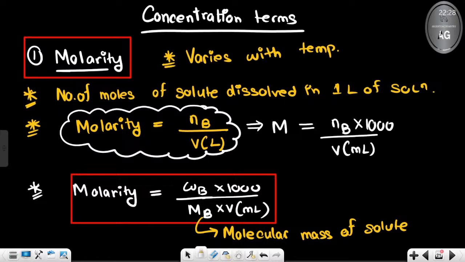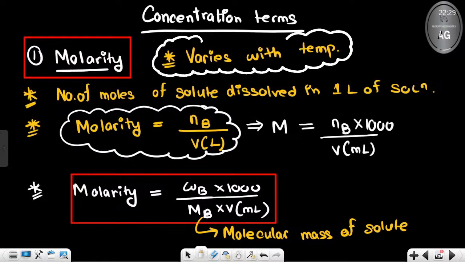Concentration terms. Number one, molarity. Molarity varies with temperature, because molarity depends on volume, and volume changes with temperature. Number of moles of solute dissolved in 1 liter of solution is called molarity. Molarity equals the number of moles of solute divided by the volume of solution in liters.